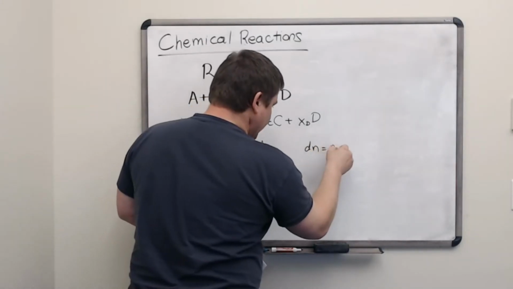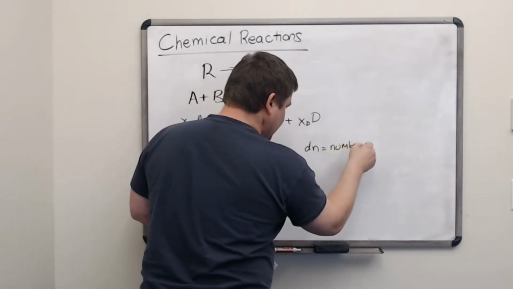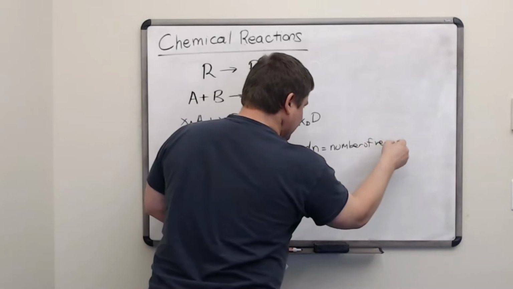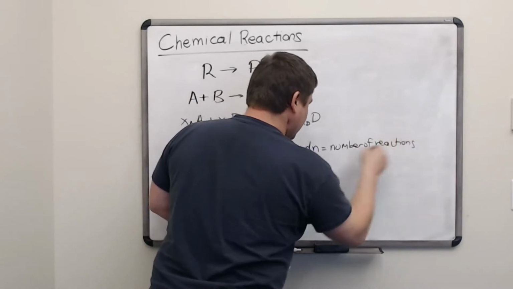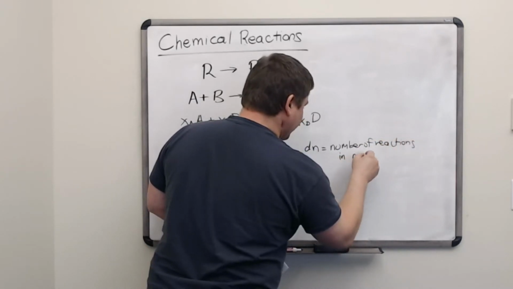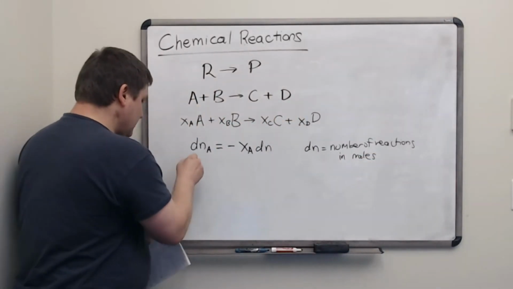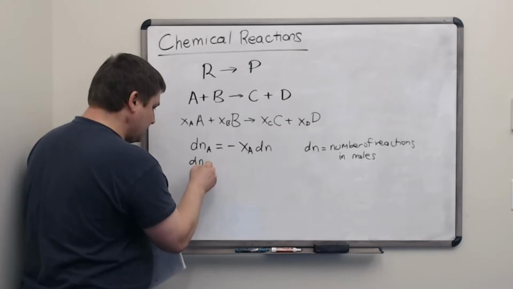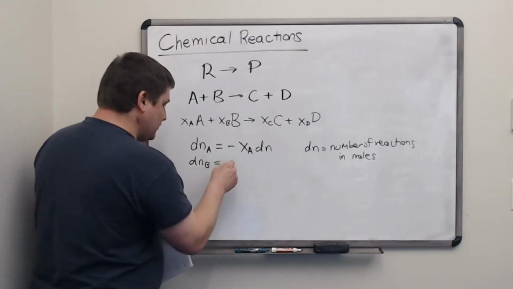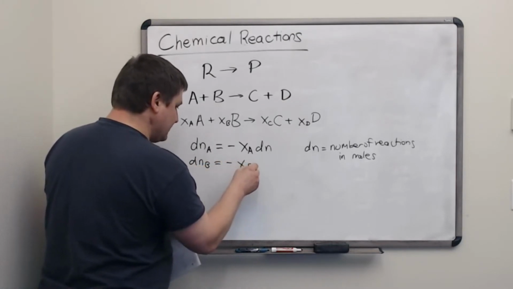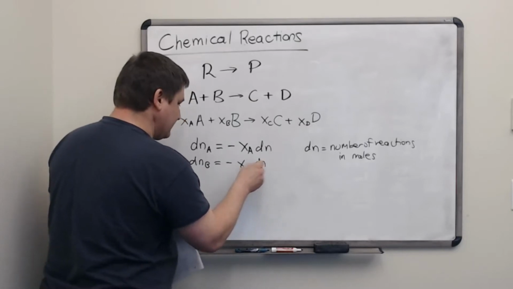dN we will use to symbolize the number of reactions, measured in moles. The number of molecules B, C, and D will change in a similar way.